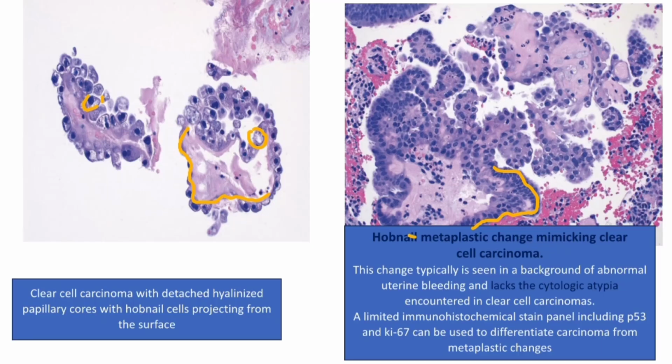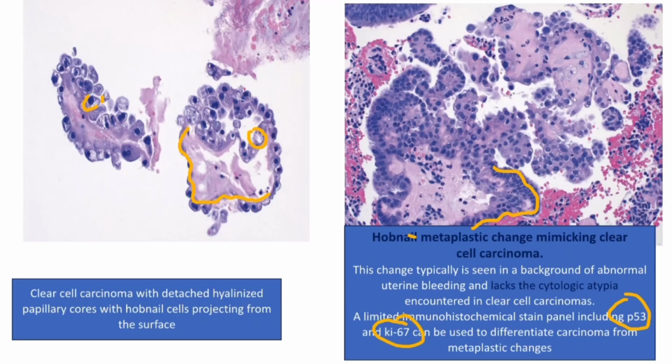So, this is hobnail metaplastic change which mimic clear cell carcinoma, and we have to see nuclear atypia to rule out whether it is high grade carcinoma or just a metaplastic change, because here also patient present with abnormal uterine bleeding, and we can use panel like P53 and Ki67 to differentiate clear cell carcinoma and metaplastic change.